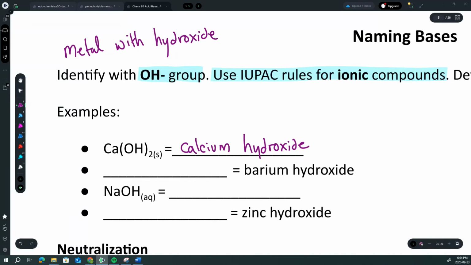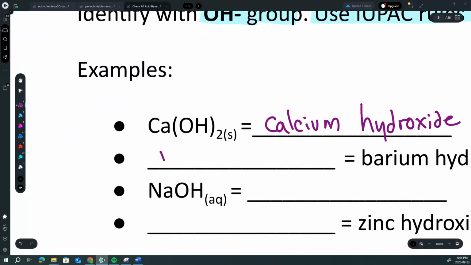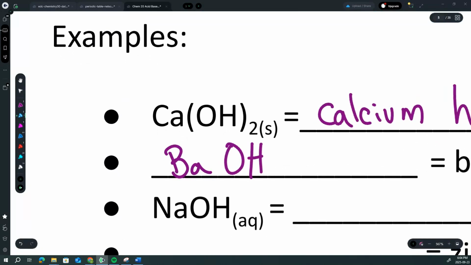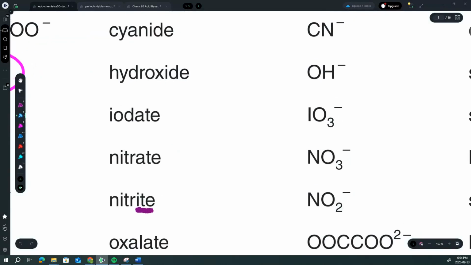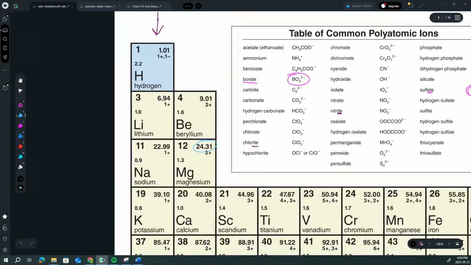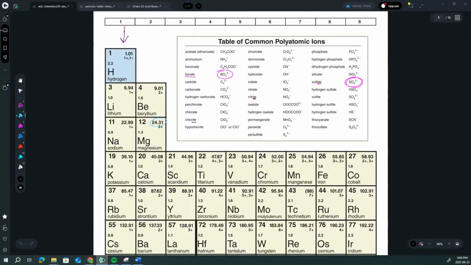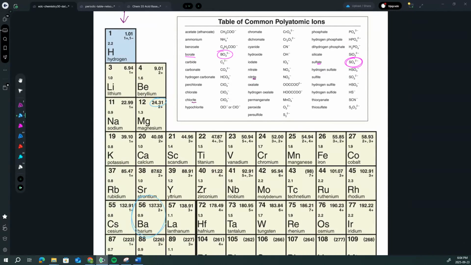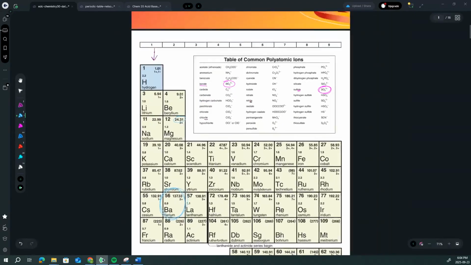Okay, so I'll just demonstrate with this next example, barium hydroxide. So barium, that's a metal. Hydroxide, that's a hydroxide group we're looking at to tell us that, yep, we have a base. So barium, that symbol is Ba. And then we have hydroxide. Now, for the charges here, if I look at my periodic table and find barium, I'm finding it right here in group 2.